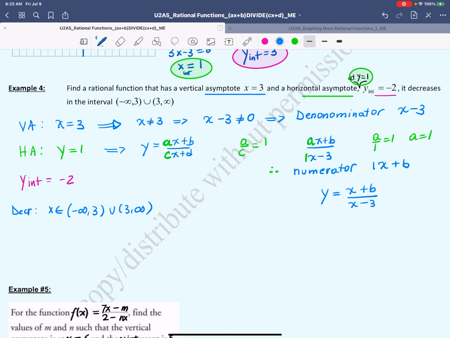We have one missing piece in this function, which is the constant term b. For this, we're going to ask for help from the y-intercept. If the y-intercept is -2, it means that at x equals 0, the value of y is -2, which means that we are given a point on the function. What we're going to do is substitute x by 0.